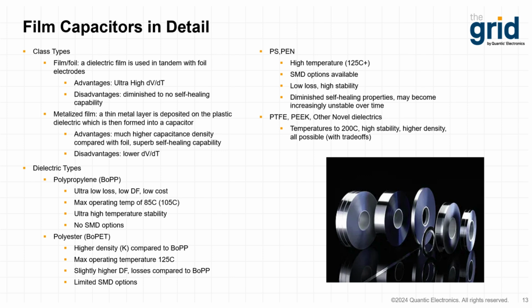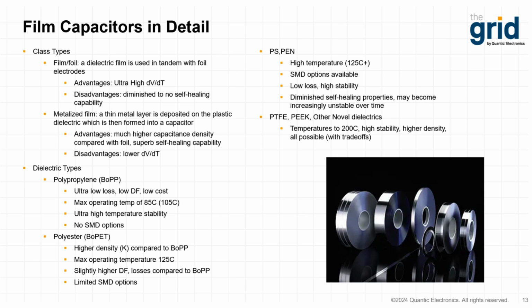The only disadvantage is the temperature range. It has a lower melting point, and it can only be used up to 85 degrees C rated applications typically, sometimes up to 105 degrees C.